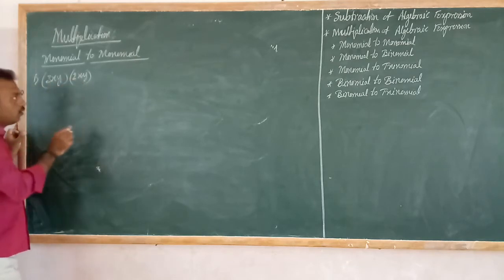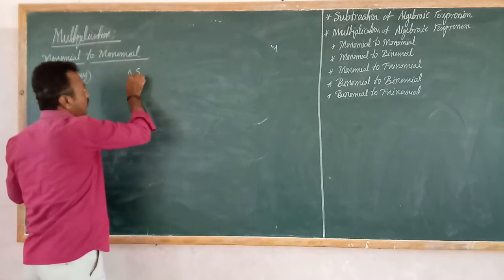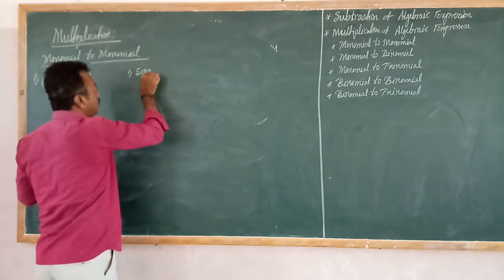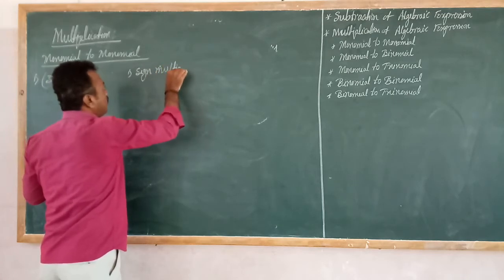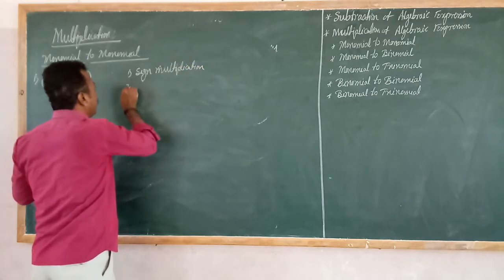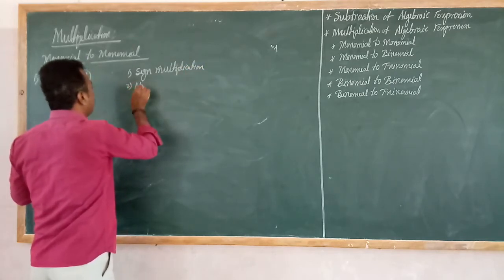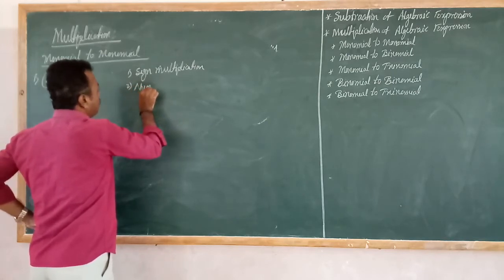There are rules. Number one, first we have to do sign multiplication. After that, constant term multiplication, or numerical or number multiplication.